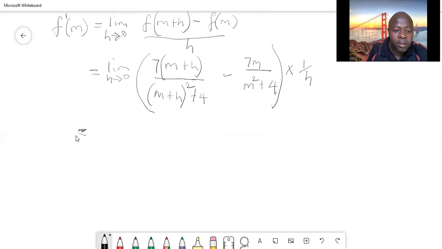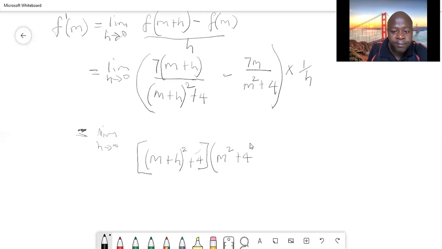So this is the same as the limit as h tends to 0 of our LCM here, which is m plus h squared plus 4, the whole thing multiplied by m squared plus 4.